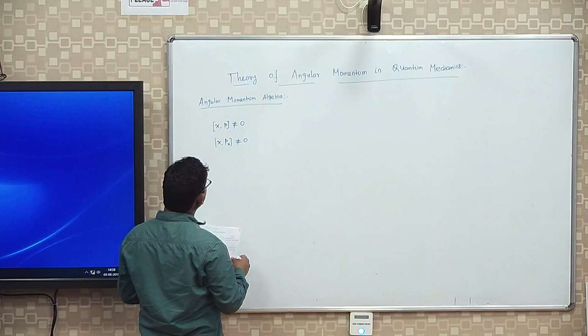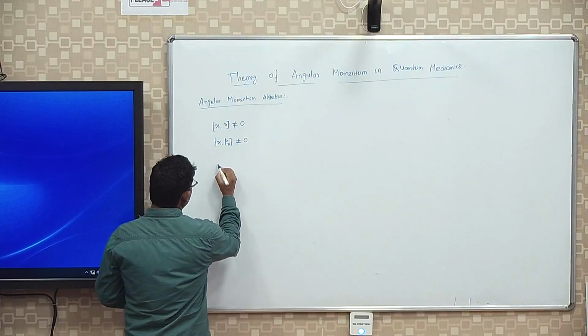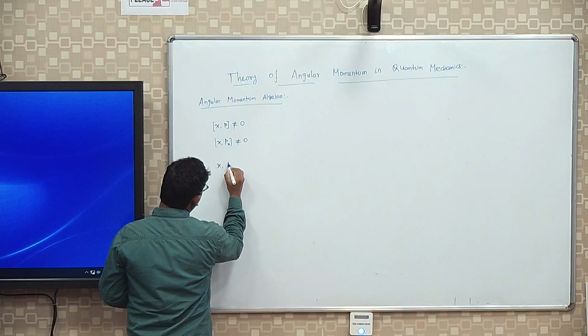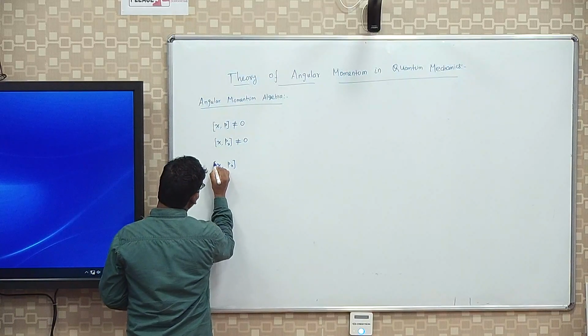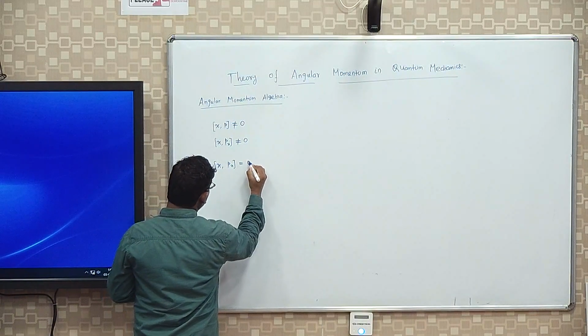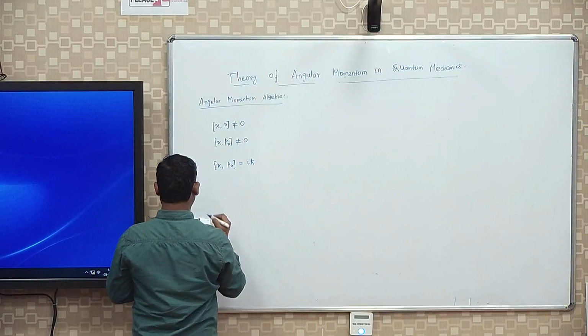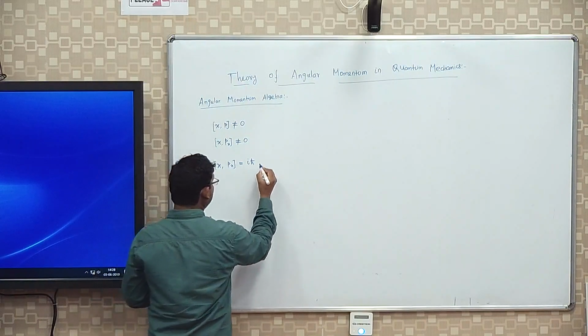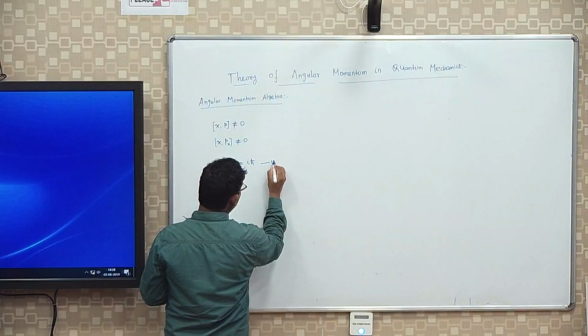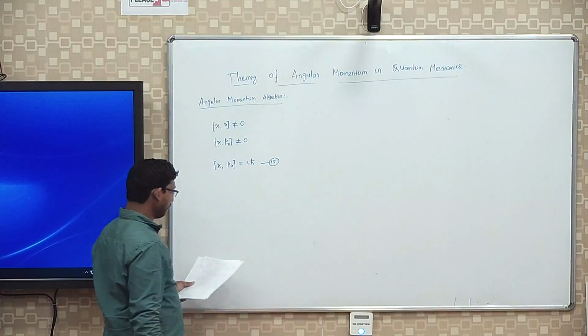According to the uncertainty principle, the commutator of x comma px will give you i h cross, equation number 15.